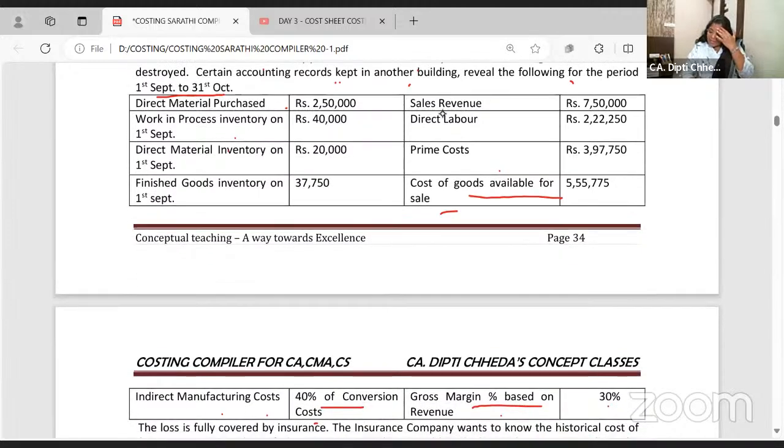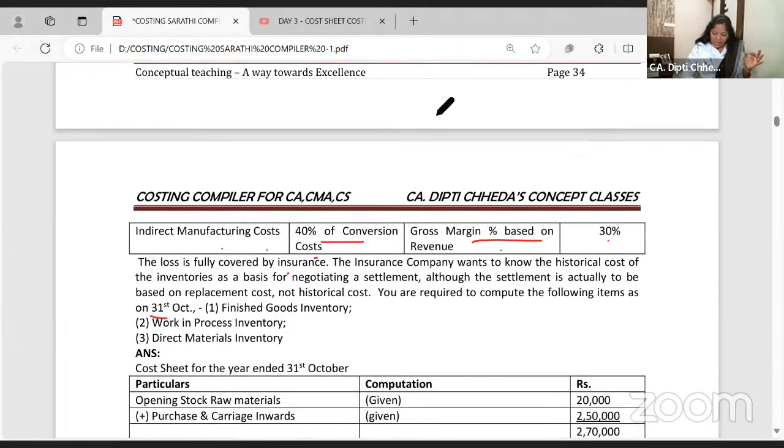Now look, the way I studied the question, I made it clear. What is cost of goods available for sale? Cost of production and opening stock. These many goods are available for sale. I taught you, but I didn't use it in other problems because it was not required. Here it is required. Another is this secret about conversion cost, which I discussed yesterday, but I'll teach it now.